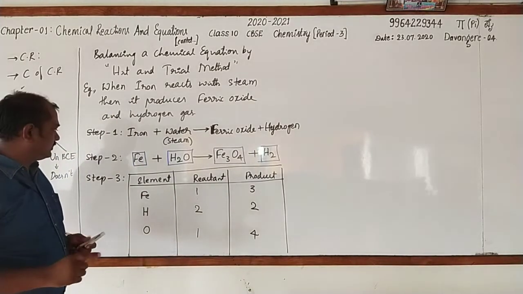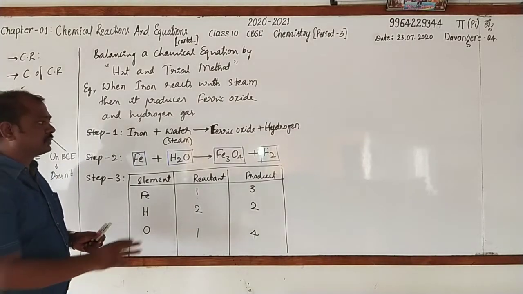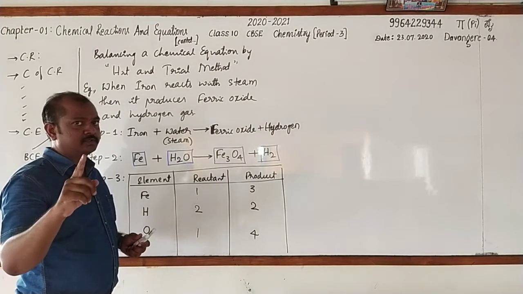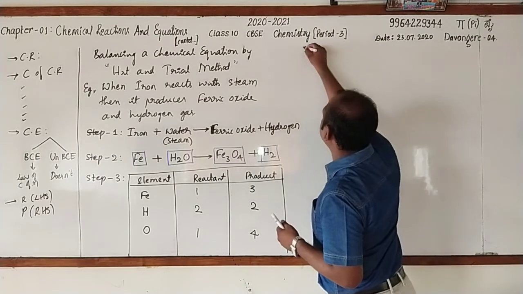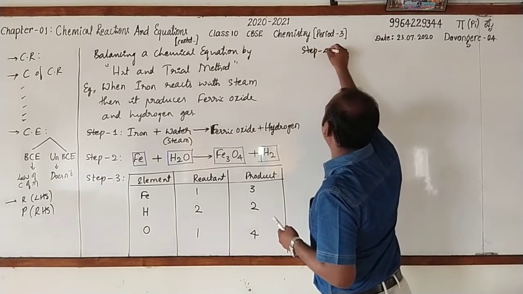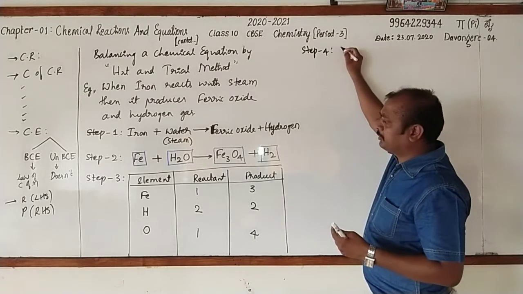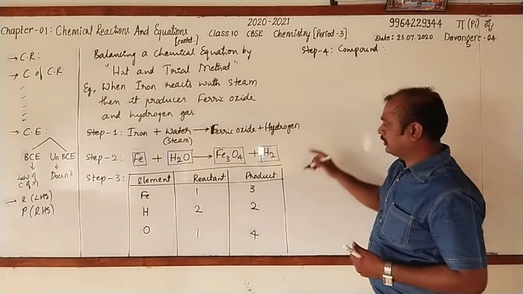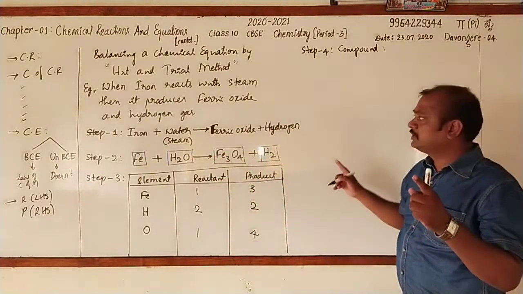Dear students, in the next step, that is fourth step, we are going to choose a compound having maximum number of atoms. Clear? This is the fourth step. Step 4. What is the compound having maximum number of atoms? Yes, you are right. It is Fe3O4. Is it not?